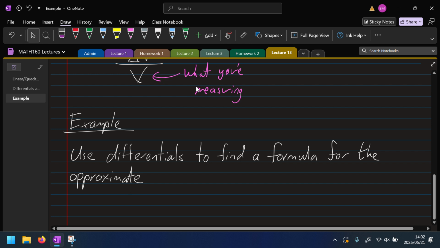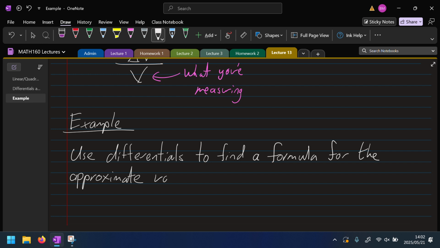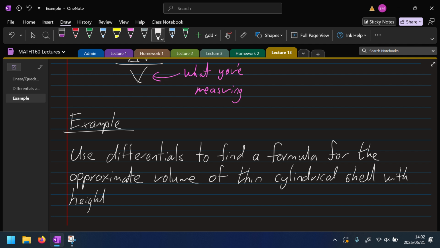Okay, for the approximate volume of a thin cylindrical shell, with height h, inner radius r, and thickness delta r.